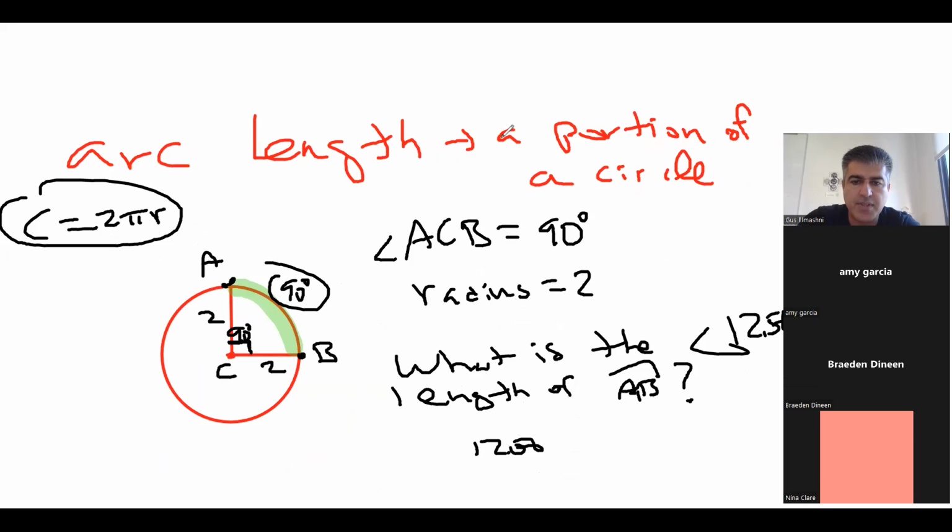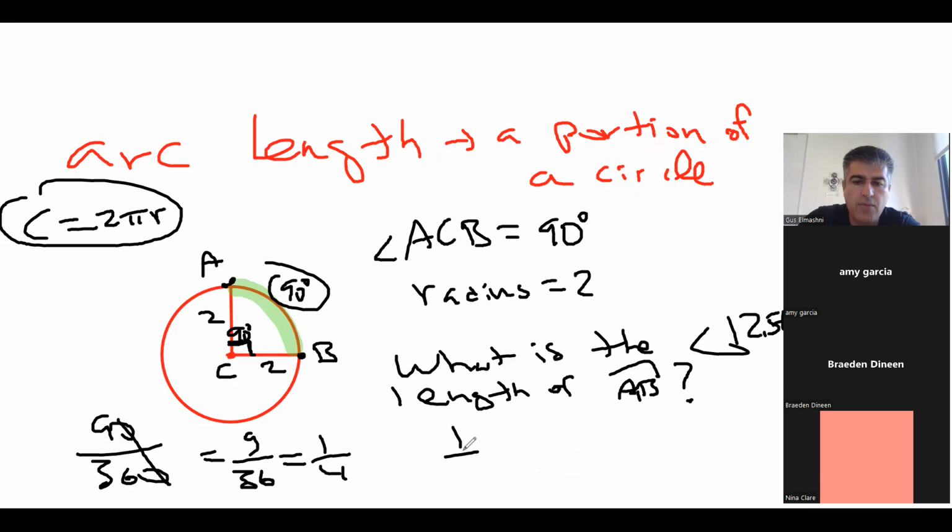A full circle is 360. But you only have 90 shaded, right? Because that's 90 degrees. What's 90 over 360 reduced to? 1/4. 1/4 of the circle is shaded.